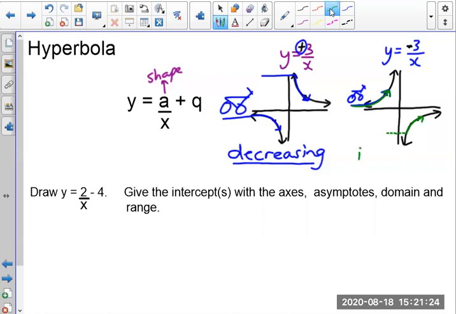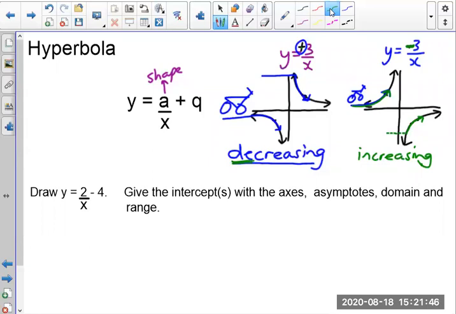So can you see that this is an increasing graph? So if your a value is negative, your hyperbola is increasing. If your a value is positive, your hyperbola is decreasing.